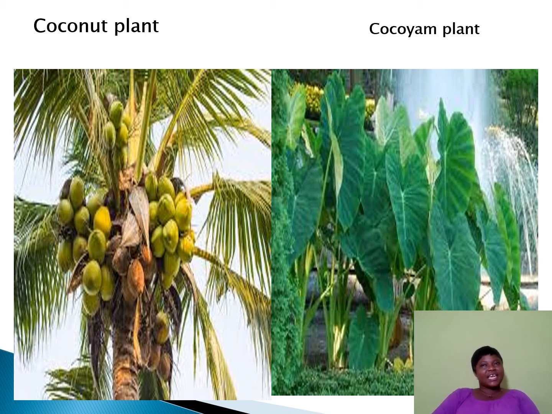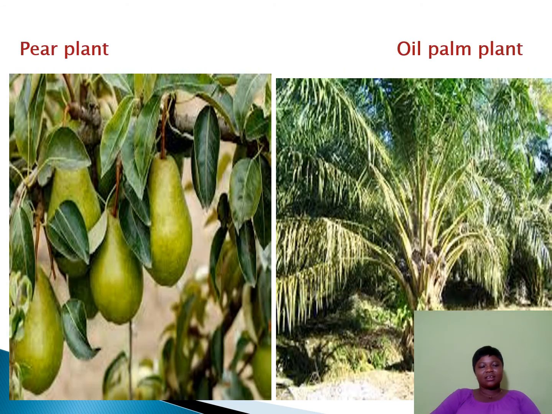Can you say it again? Good. And the next one is what? Cocoyam. This plant is what? A cocoyam plant. So we have a coconut plant and a cocoyam plant. I hope you have seen it before. Good. So let's move on to our next slide.